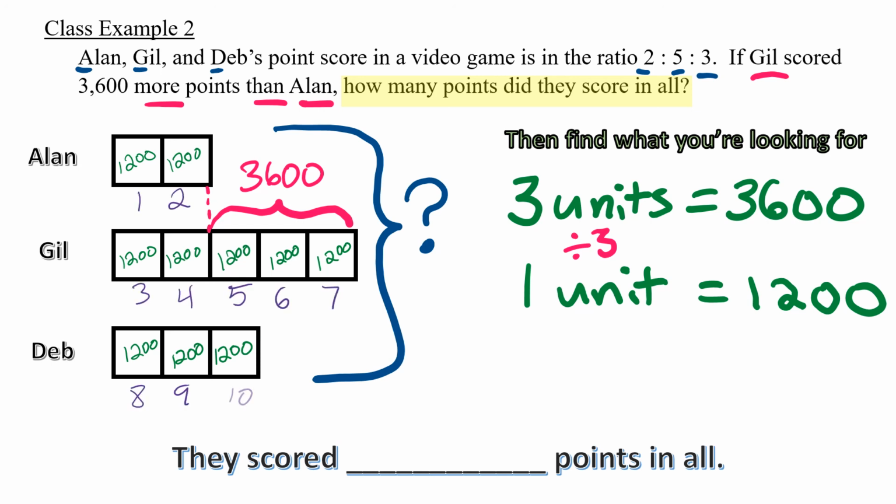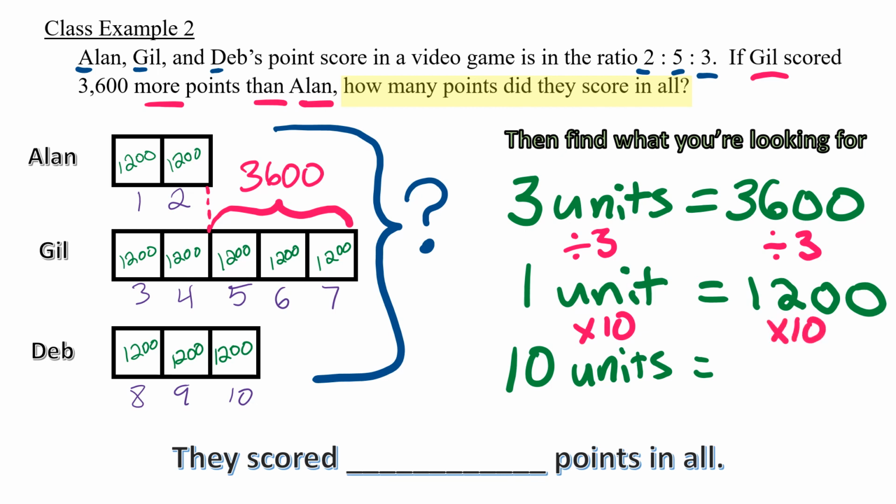So I'm going to count up the units, 1, 2, 3, 4, 5, 6, 7, 8, 9, 10. There's 10 total units. And then I'll just do the times 10 in order to get that. So 1,200 times 10 is going to give me 12,000 total points. That's how many points they all scored together.